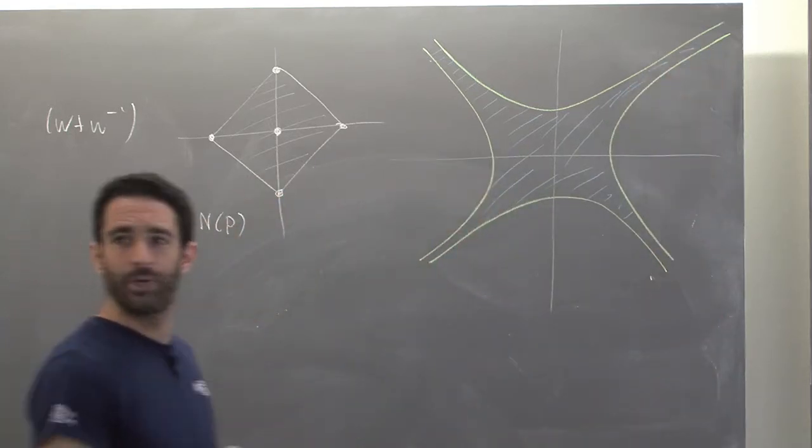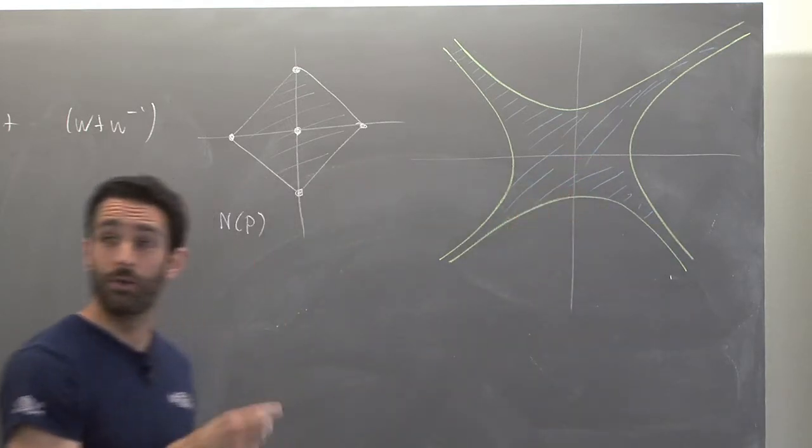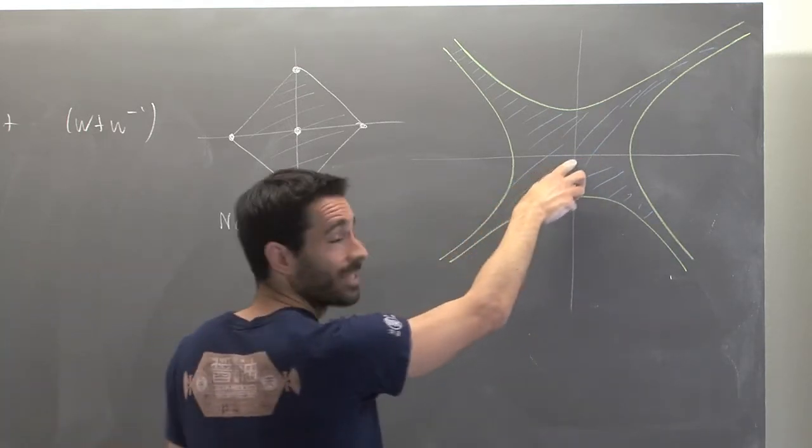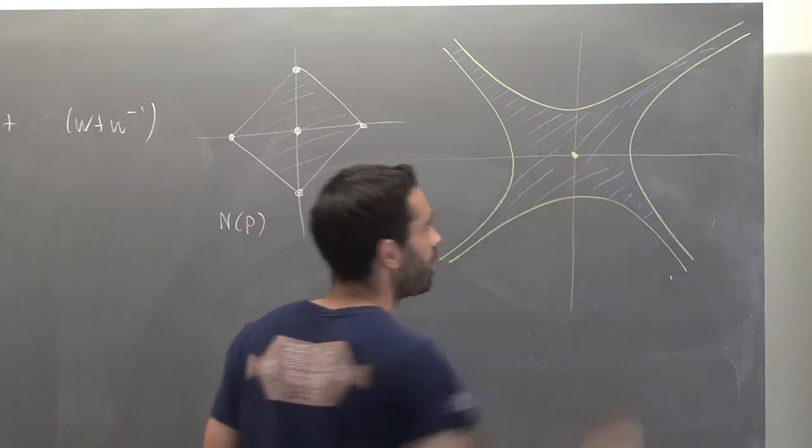And I'm not being completely precise here. Actually, here in the middle, we know that the amoeba map is 1 to 1. Remember? We have seen that it intersects the unit torus in a single point. So here I also have the green point.